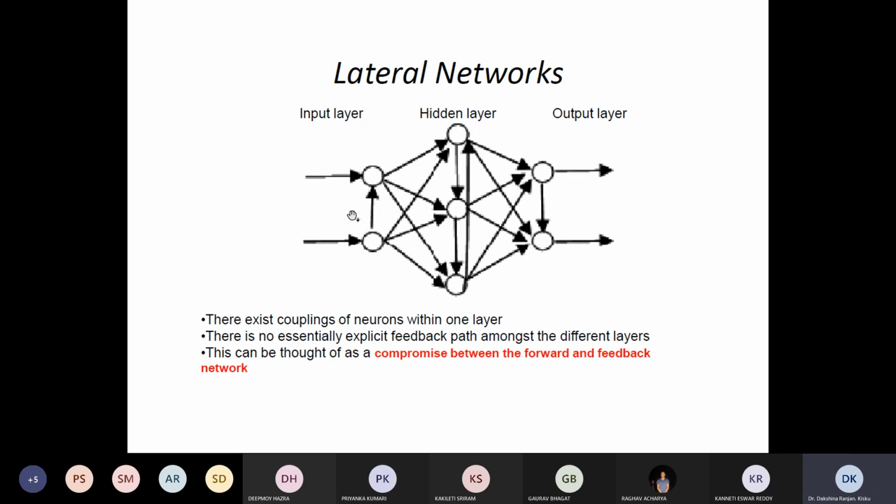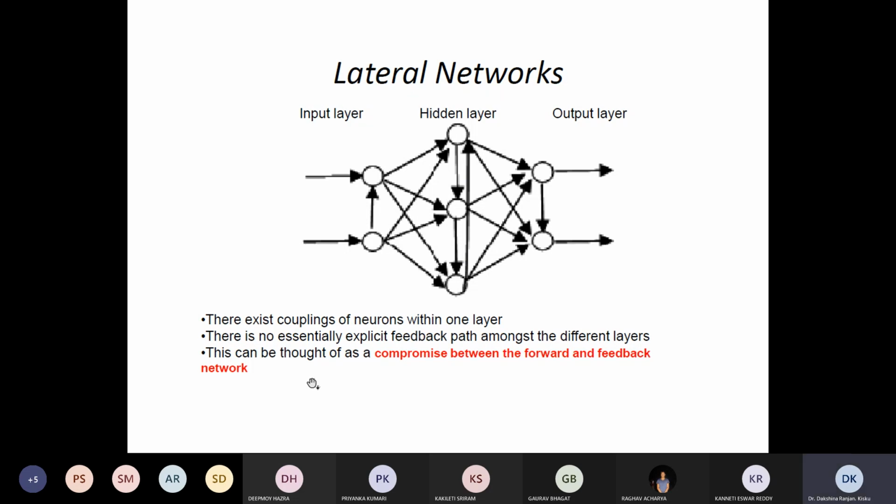So this is the only difference. This coupling of neurons within the same layer will not be found in the feedback network or in the feed forward neural network. This is the only difference in the architecture which differs from feed forward neural networks as well as feedback neural networks.